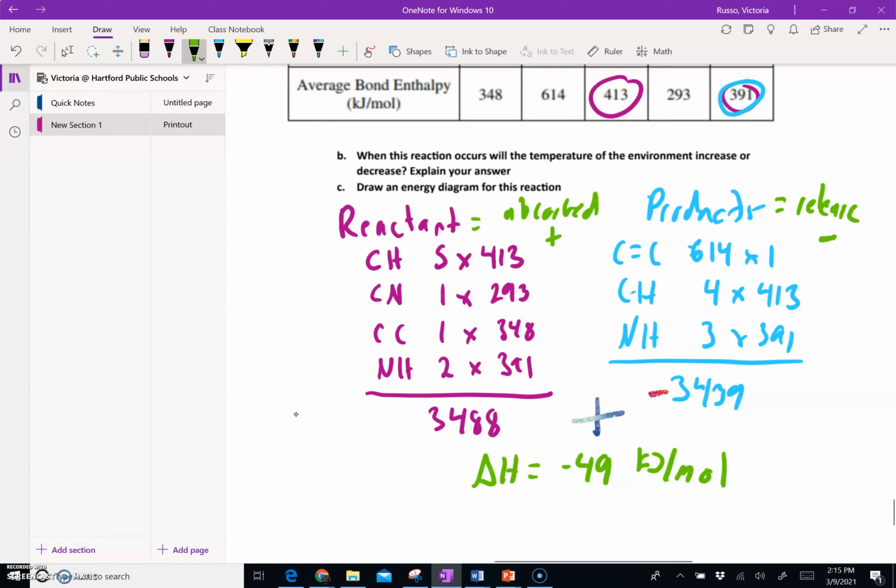Now notice in an exothermic reaction, the bond enthalpies of the products are larger than the bond enthalpies of the reactants. So I'll say that again. Notice in an exothermic reaction, exothermic because this is negative, the bond enthalpies, or the bond dissociation energy, those words are used interchangeably, of the products are greater than those of the reactants. In an endothermic reaction, it is the opposite.